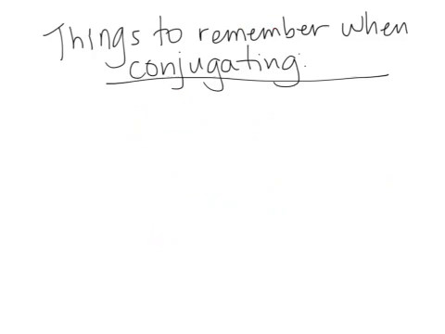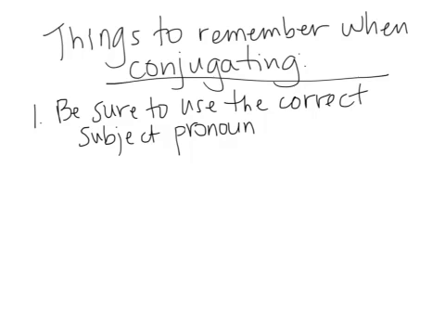Lastly, here are a few things you should remember when you're conjugating. Number one, be sure to use the correct subject pronoun. I think the biggest mistake that students make is that they mix up these two pronouns, vous and il or elle pluriel.